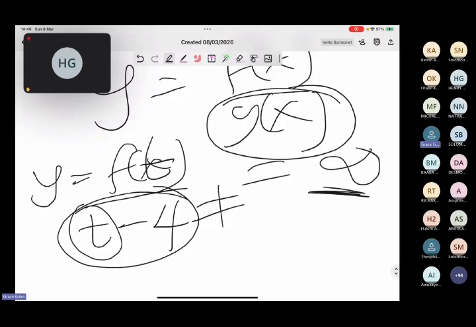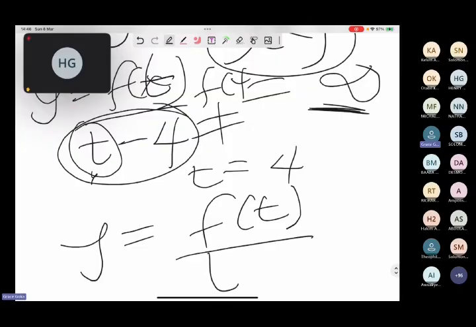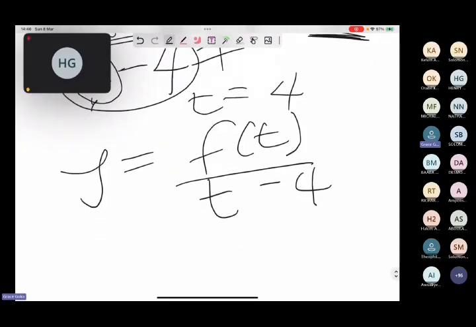So any time where t is equal to 4, as soon as the time is maybe 4 hours, I will have f of 4. All right, so the function is y is equal to f of t divided by t minus 4. At t is equal to this, the AC went off. So the temperature is going to go higher. The room is going to be heated up.